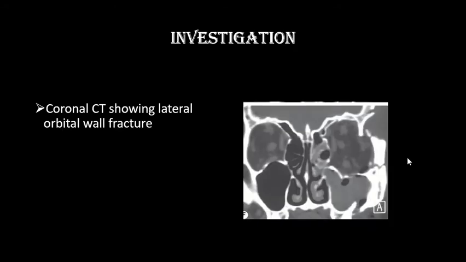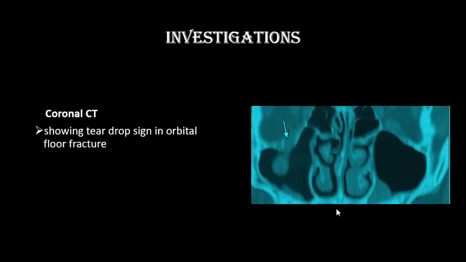Again, we can do the coronal CT showing lateral orbital wall fracture, and there is some fracture of the orbital floor also in this picture. Coronal CT is what we have to do in cases of orbital floor fracture.